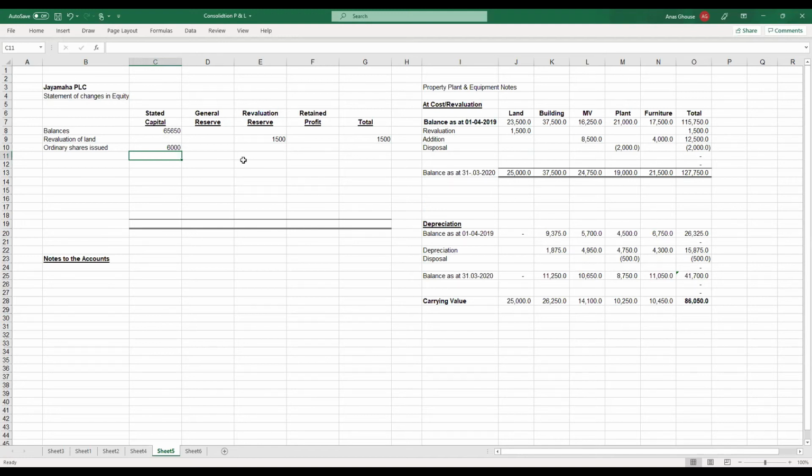Then we had general reserves 8,250,000, revaluation 6,750,000 opening balance. Then we had a retained profit of 8,475,000. So this will be the total. We'll take the totals here. Ordinary shares issued also we have taken. Then we need to identify the profit for the year.